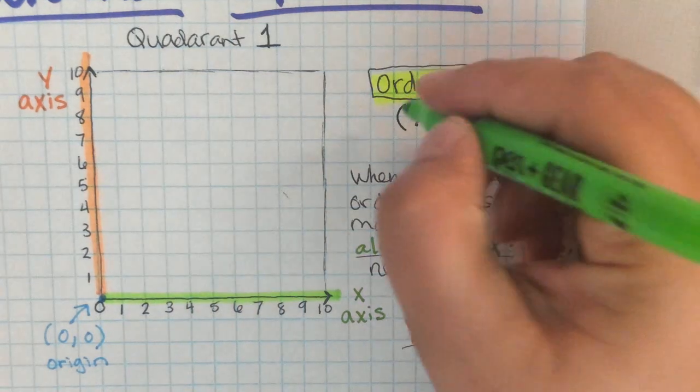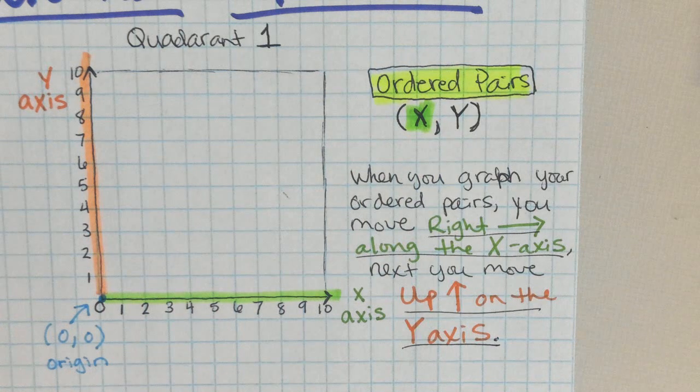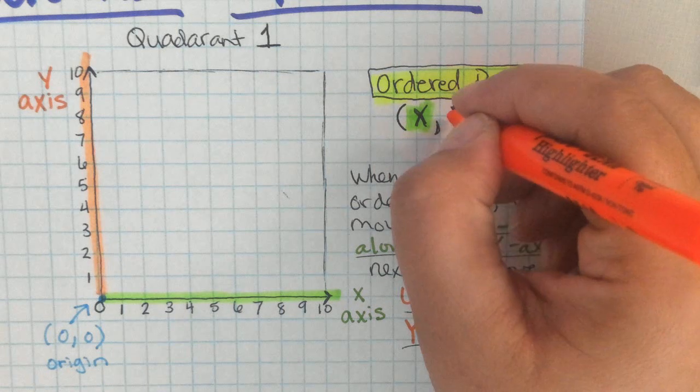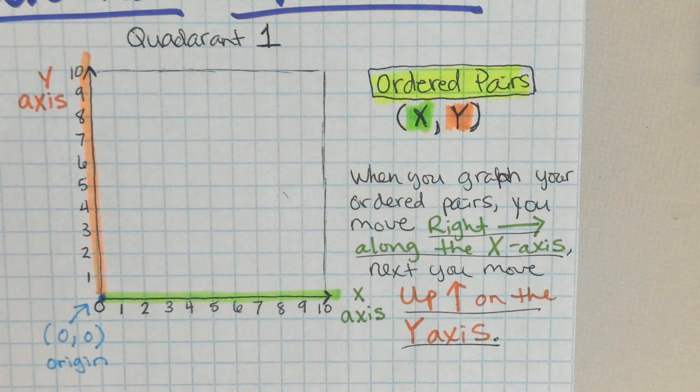I'm also going to highlight my ordered pairs at the top to help you match according to the axes. Okay, look left, look right, check your neighbor's work and make sure that they have the information on their paper and that their graph matches and looks like your graph.